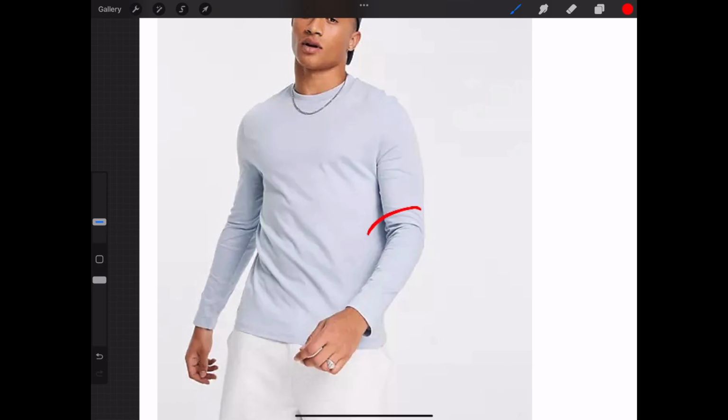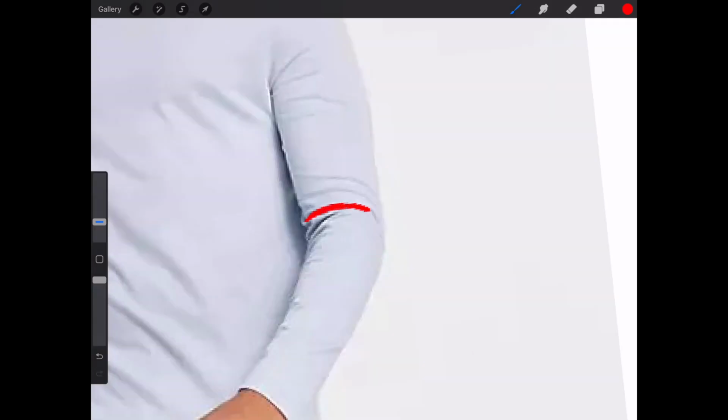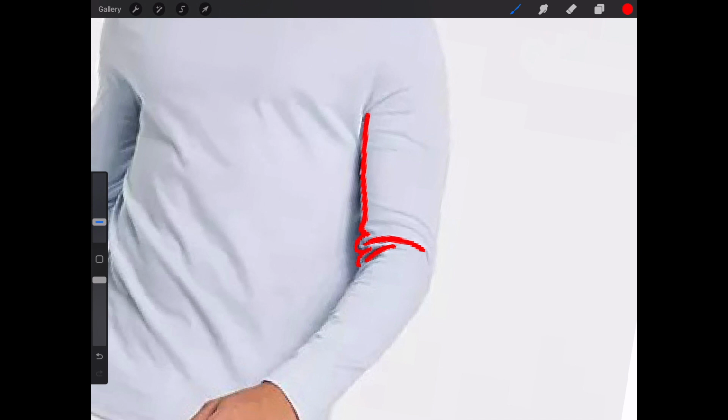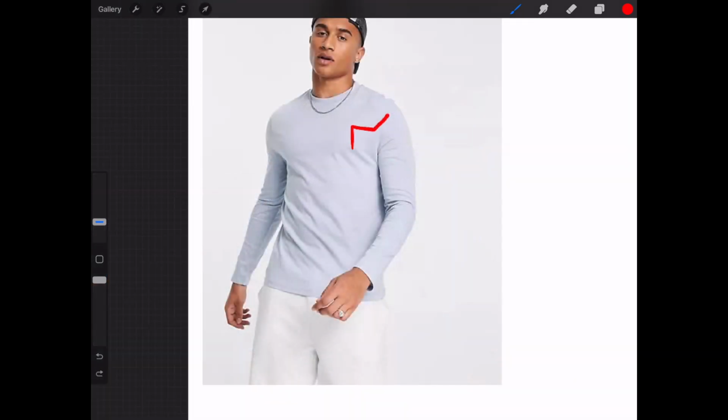So first things first, we can notice the elbows and under the arms right there, the half lock folds, the main one right in the middle, and here we've got a couple folds under the arm like that. We've got one shoulder coming forward and the other one going back, so that's giving us a twist.